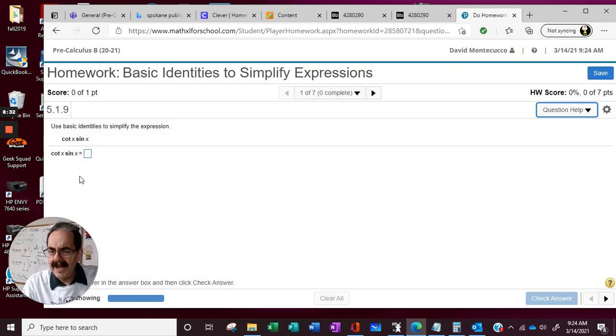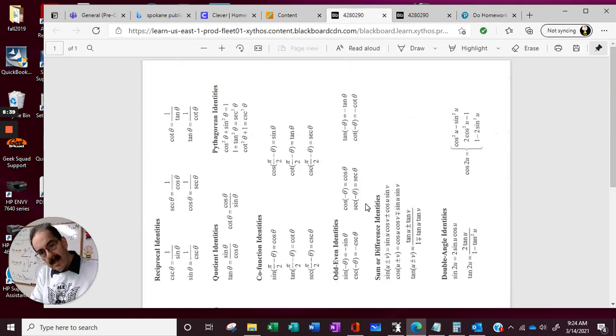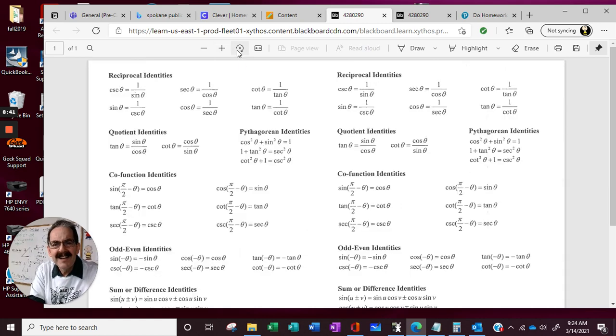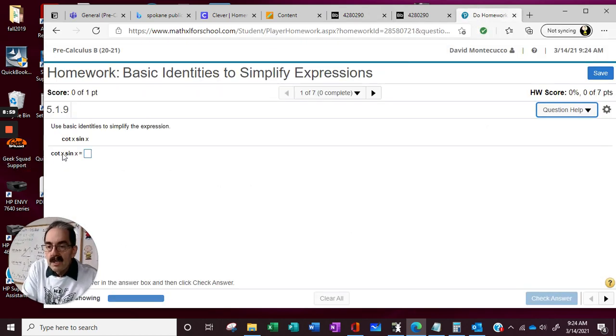Okay, cotangent. Tangent is sine over cosine. Tangent is 1 over cotangent. Cotangent is cosine over sine. Sine divided by cosine over sine leaves cosine.